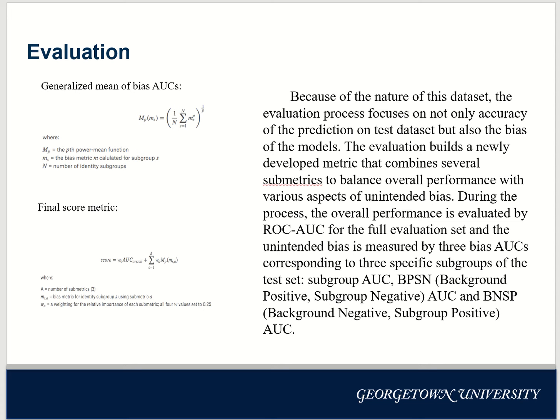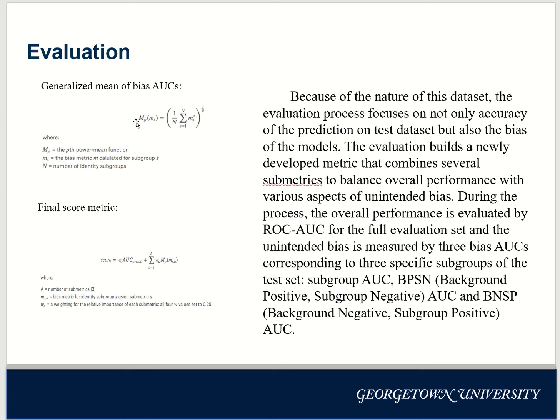The overall performance is evaluated by ROC AUC for the full evaluation set, and the unintended bias is measured by 3 bias AUCs corresponding to 3 specific subgroups of the test set. The first one is background positive subgroup negative. The second one is background negative subgroup positive. And you can see the equations here.